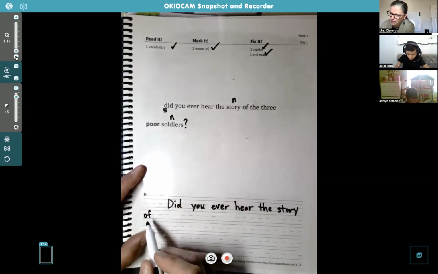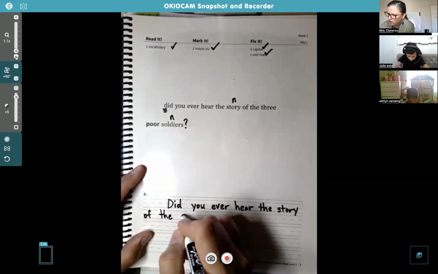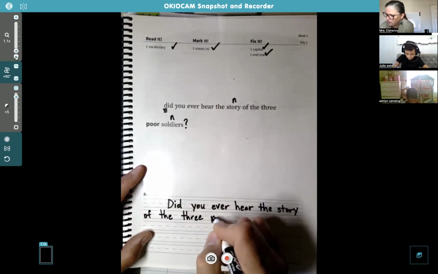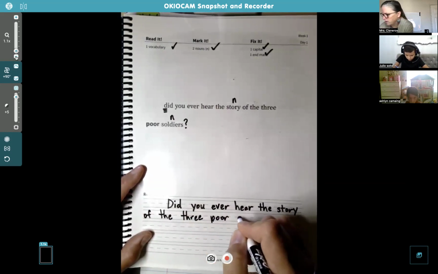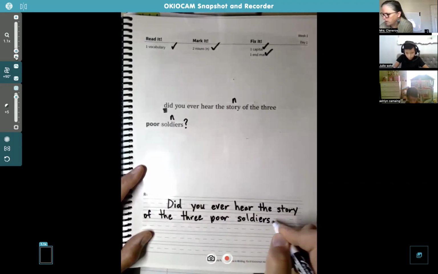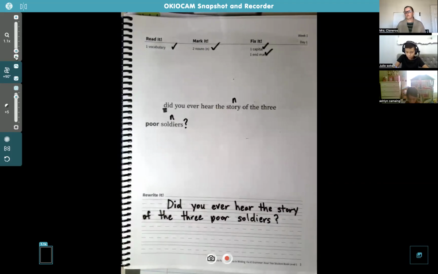When you get to that second line, you're going to go to the edge like this, okay? Of the 3. So don't forget, when you get to that second line, go to the edge.